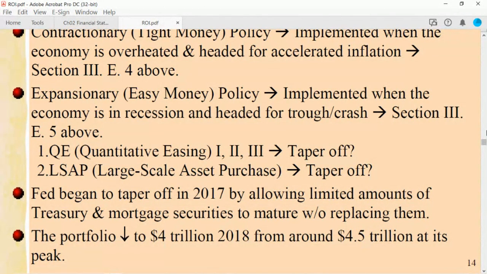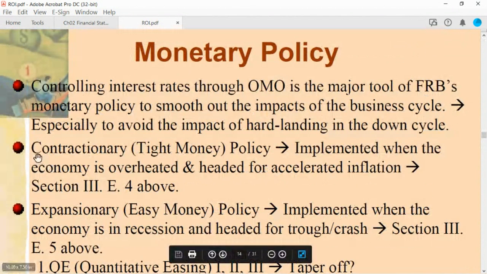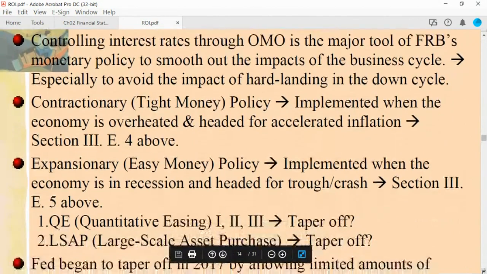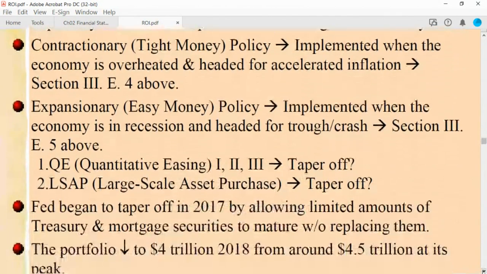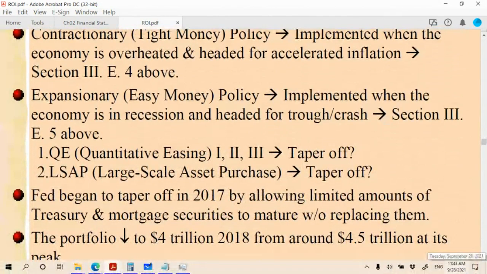The money supply can be either expansionary or contractionary. A contractionary monetary policy is tightening, right? But we haven't had any tightening since 2008.